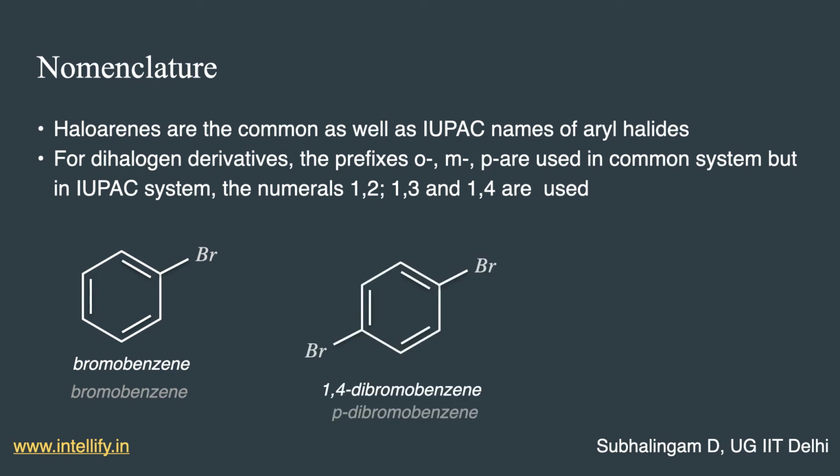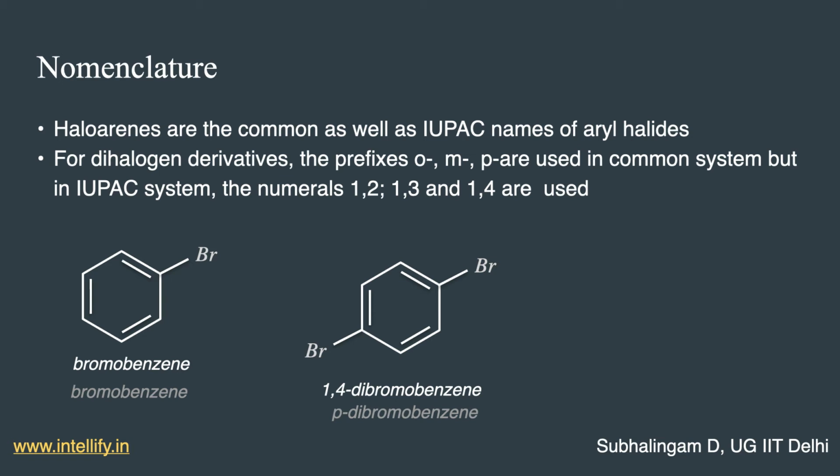Let's look into a di-substituted halogen compound. So we have a benzene ring and a bromine substituted at two opposite carbon atoms. Since it is 1,4 substituted, we say it as para-dibromobenzene in common name nomenclature.